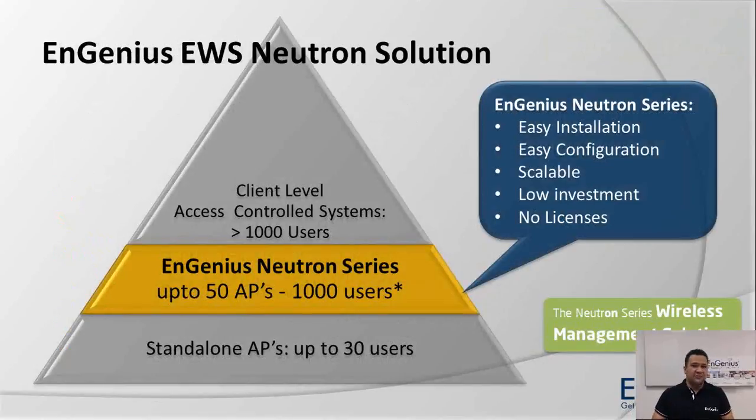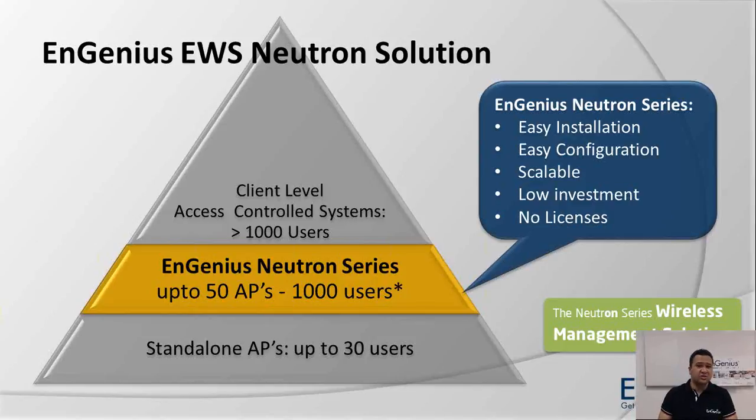In this slide, I would like to emphasize the target market. This solution, our EWS Neutron solution, is designed for small deployments where you want to cater 20 to 1,000 clients through up to 50 access points. The solution can be a part of a bigger setup in combination with radius servers, traffic logging servers, and internet gateways.